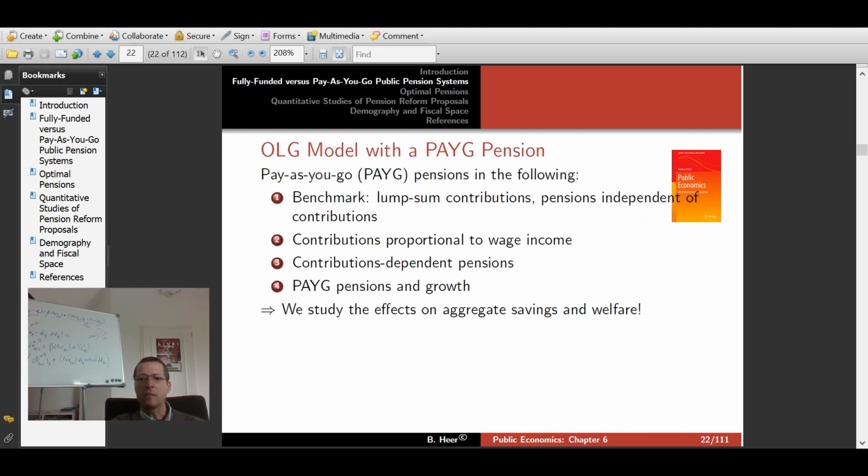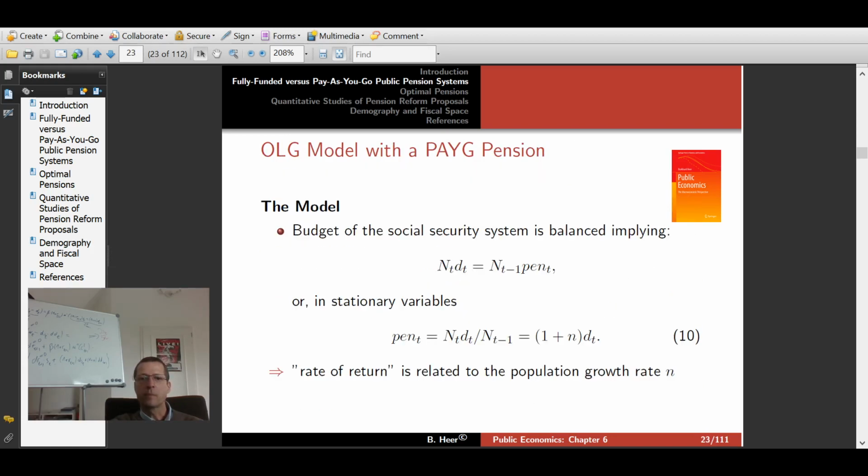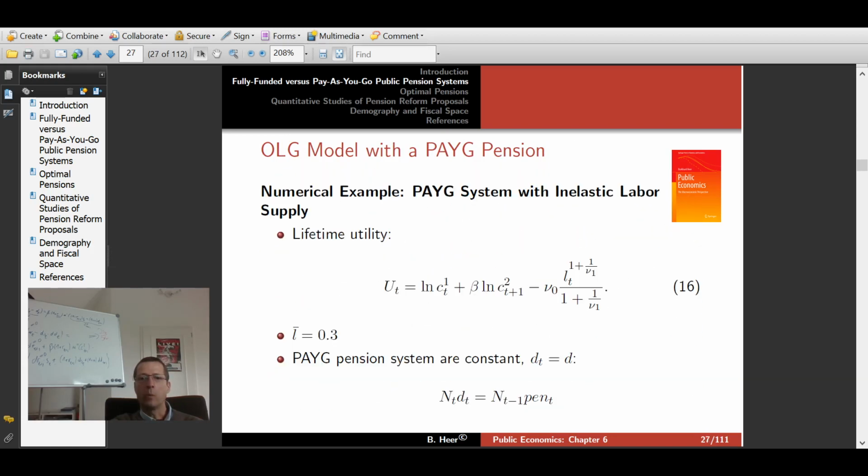And what we do next is, well, we look at a numerical example, a two-period example, to get an idea about the magnitude, the quantitative effect of such a distortion that stems from the pay-as-you-go pension system: higher contributions, lower savings.